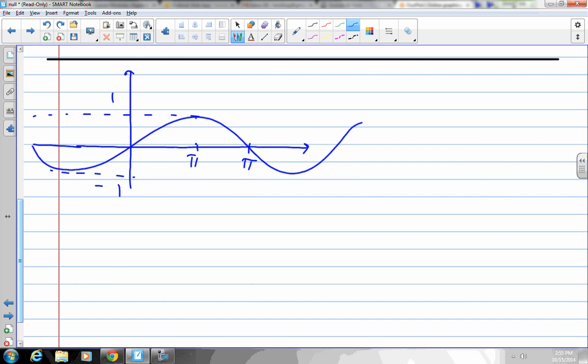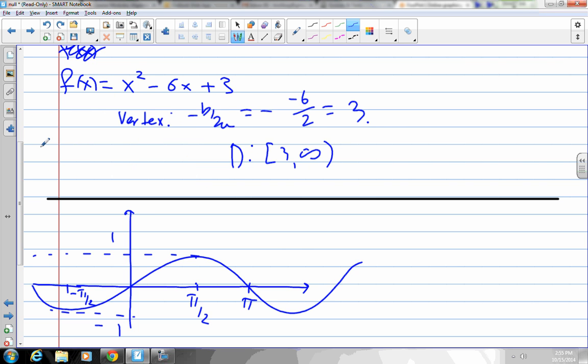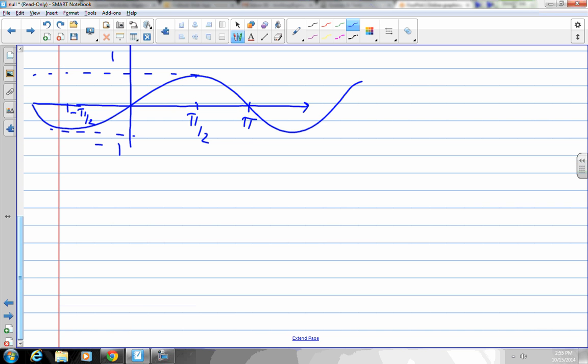That's pi, that's pi/2. I just happen to know that. You will know that too. This function does this forever, always stuck between -1 and 1. Is that a one-to-one function? No, it fails the horizontal line test miserably. It will hit a horizontal line at infinitely many points.